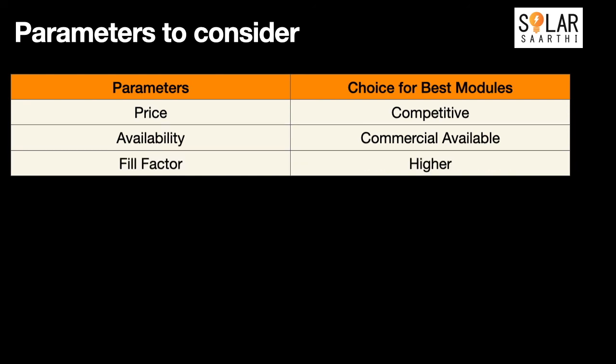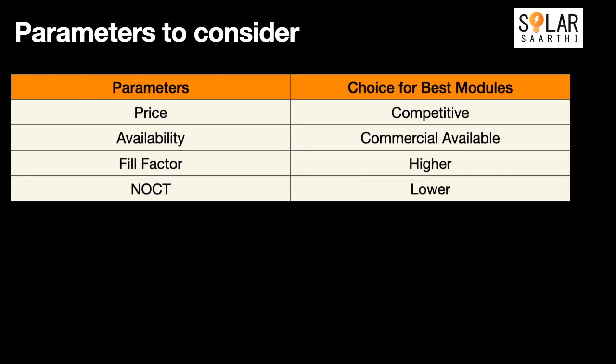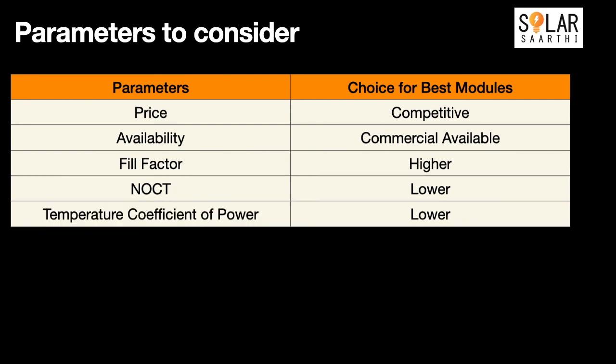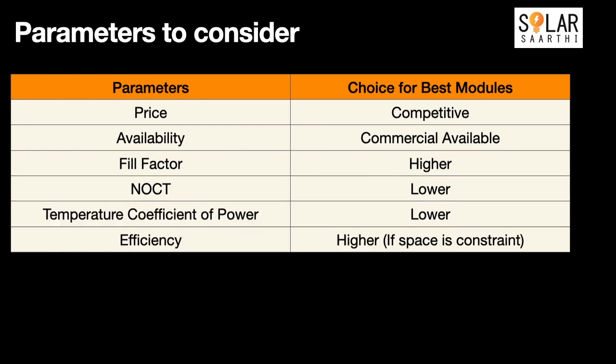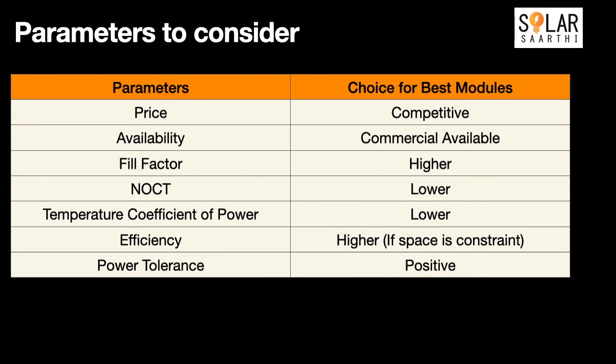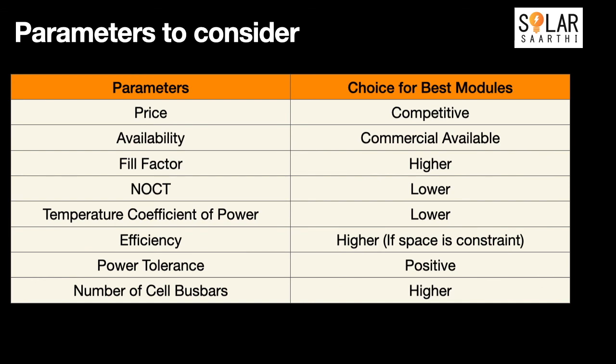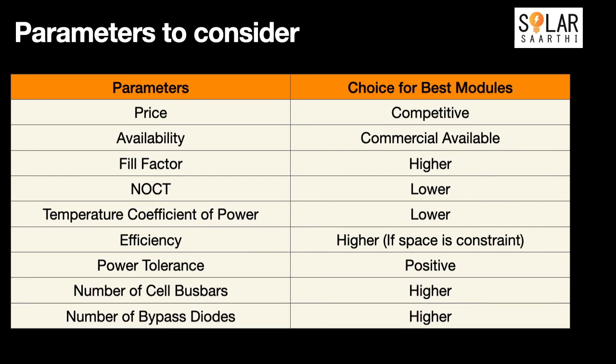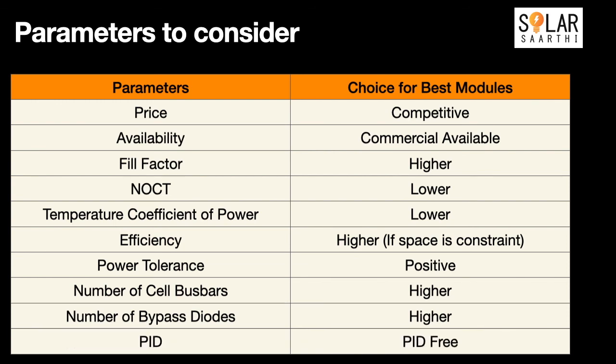Fill factor should be on the higher side, NOCT should be on the lower side, temperature coefficient of power should be on the lower side, efficiency higher if space is a constraint, power tolerance should be positive, number of cell busbars should be higher, number of bypass diodes should be higher, and the module should be PID free. So this is a small table to summarize what should be the best choice for a solar PV module.